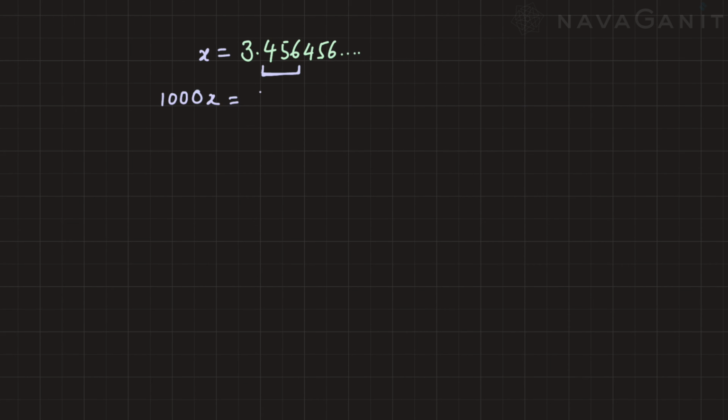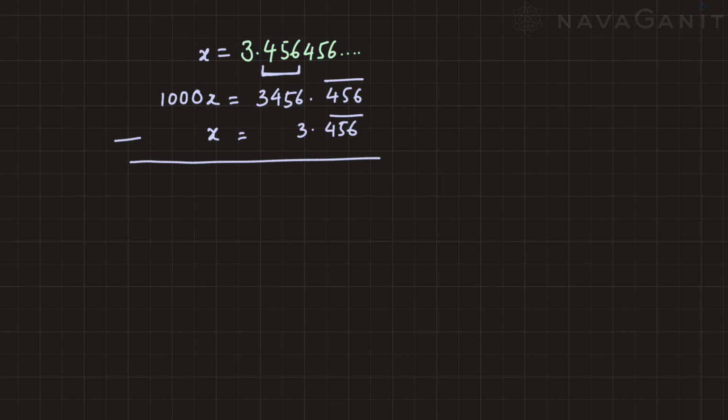So 1000x would be 3456.456456 and so on. So I'll write it as 456 bar, and x is 3.456 bar. Now I'll subtract one from the other and I'll end up getting 999x, because 1000x minus x would be 999x, would be 3453, because this 456 block will be eliminated when we do the subtraction.